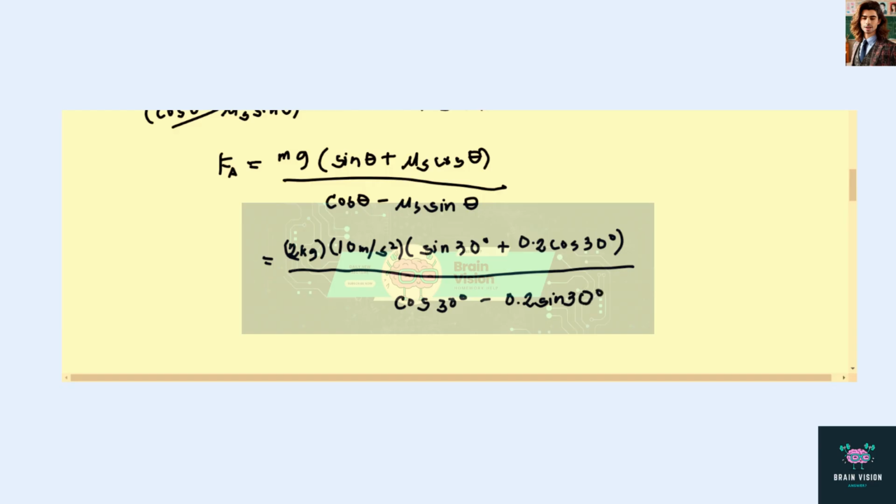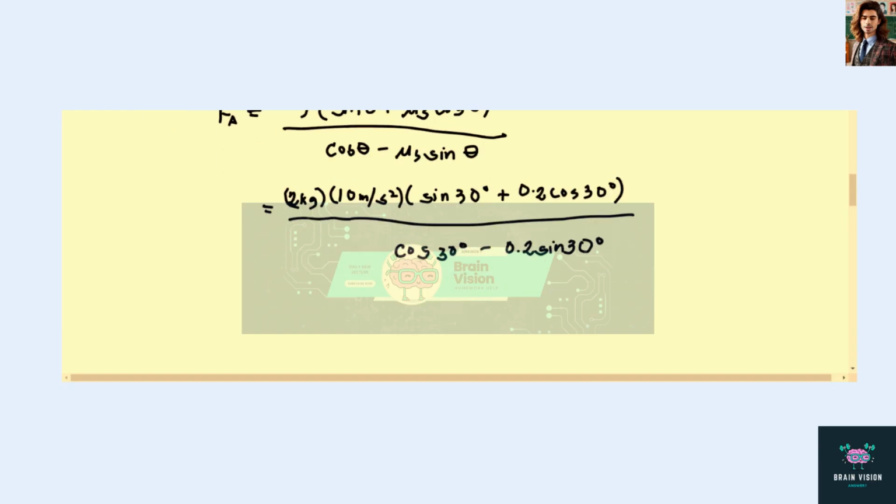The answer is around 17.5 newtons. Thus, when the force is applied horizontally, the magnitude is 17.5 newtons. That will make the block move.